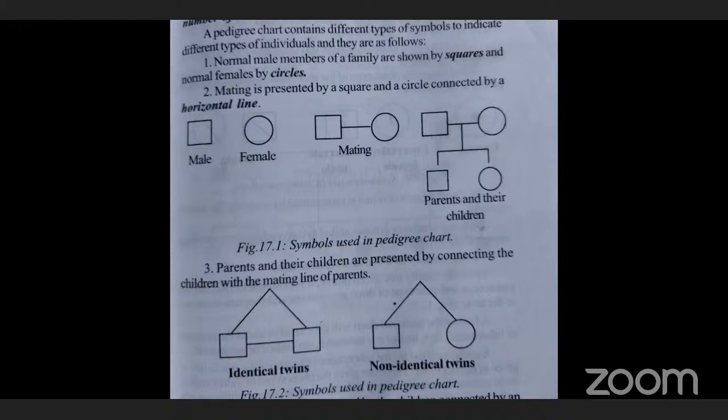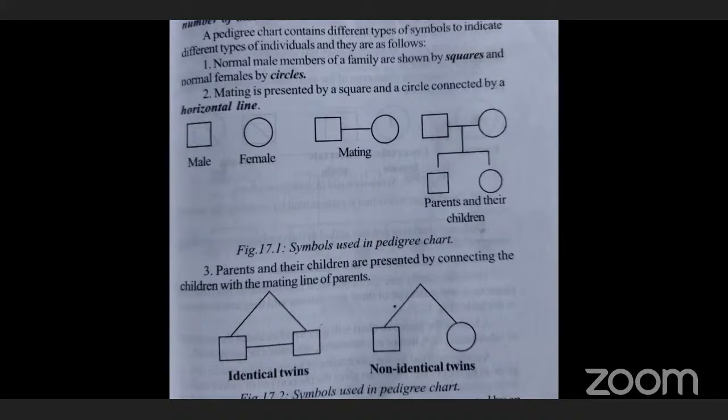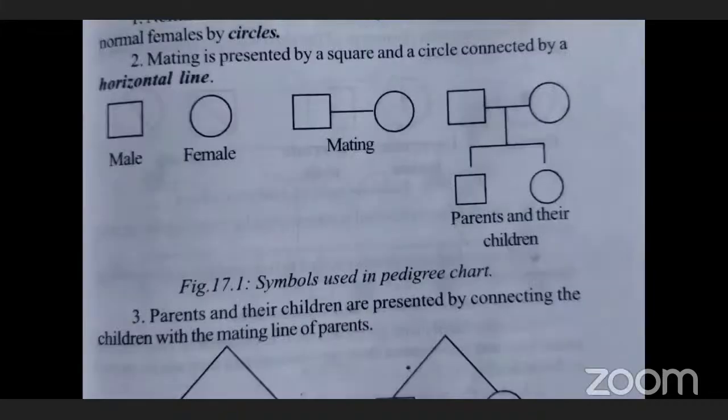Clear? Pedigree charts consist of different types of symbols to indicate different types of individuals. For example, normal male members of the family are shown by a square box and females by circles. Look at the diagram first. The square box indicates the normal male.